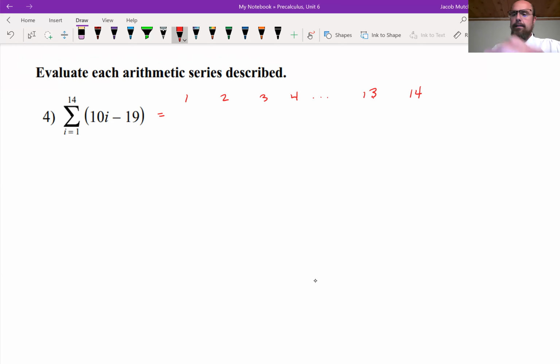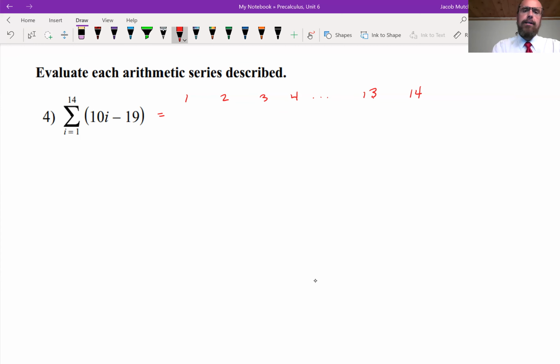I would calculate them by plugging in the n value into the explicit formula, 10i minus 19. So my first term is going to be 10 times 1 minus 19, which is going to give me -9. So that's our first term.